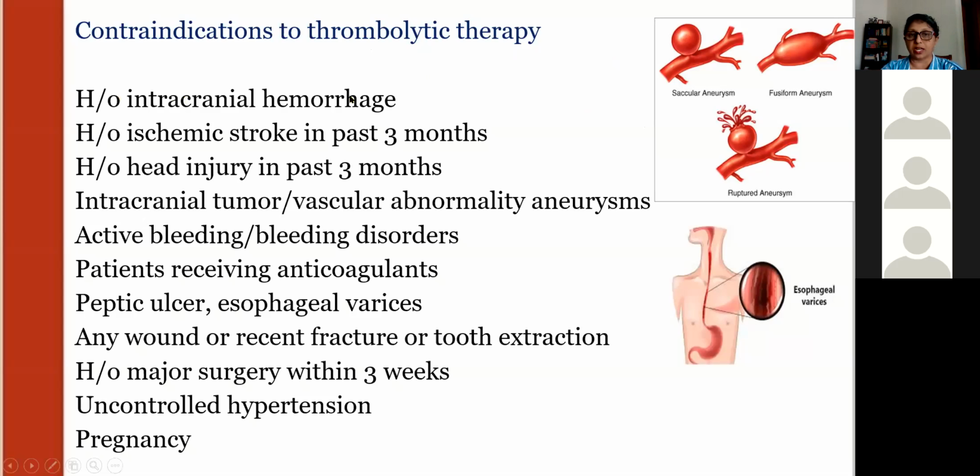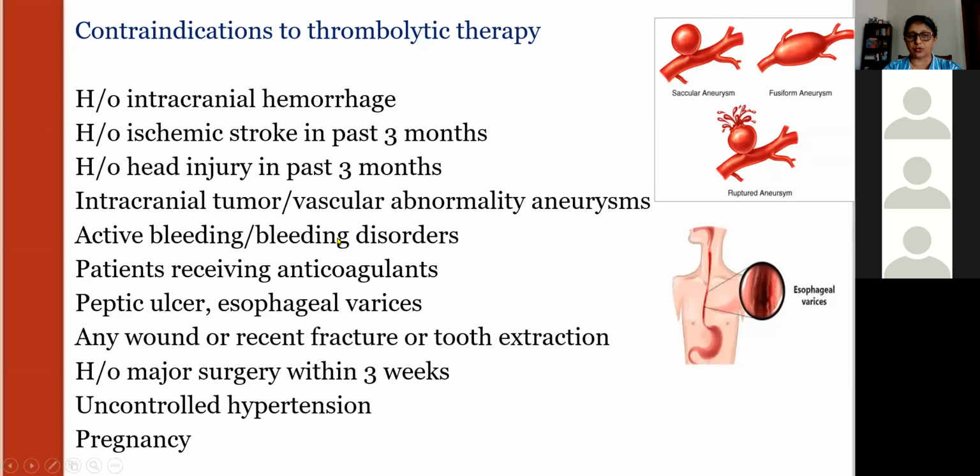If there is intracranial hemorrhage, we cannot use it. Ischemic stroke in the past 3 months, mainly because of the hemorrhage risk, head injury, intracranial tumor or vascular abnormality like aneurysm. In an aneurysm, there is a weak blood vessel that bulges, and finally it may rupture. So that is called an aneurysm.